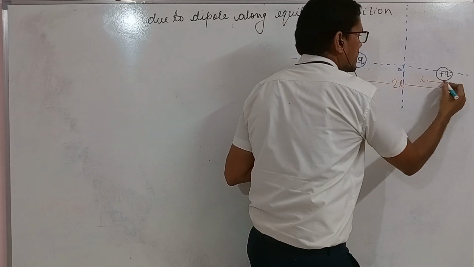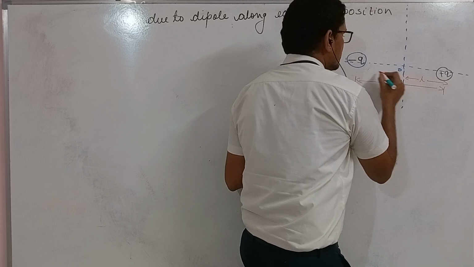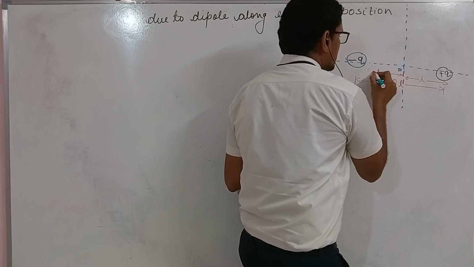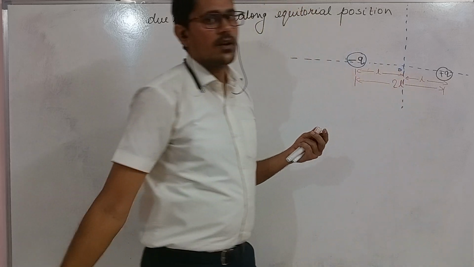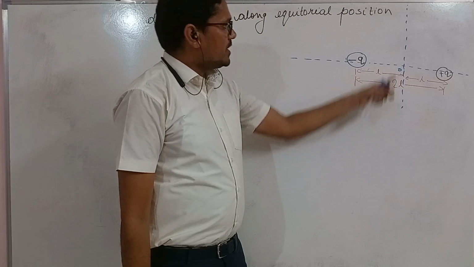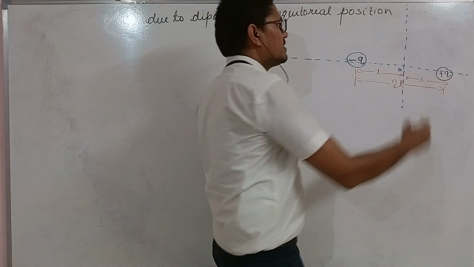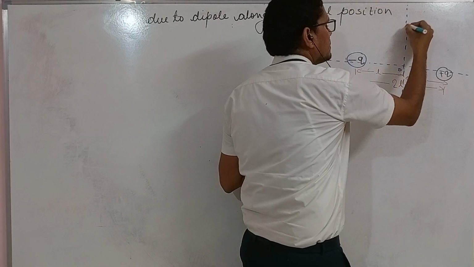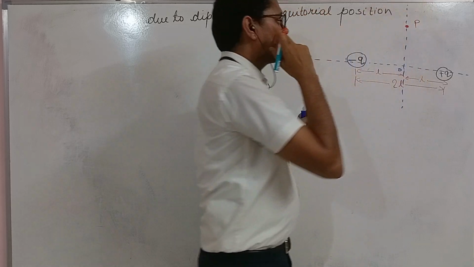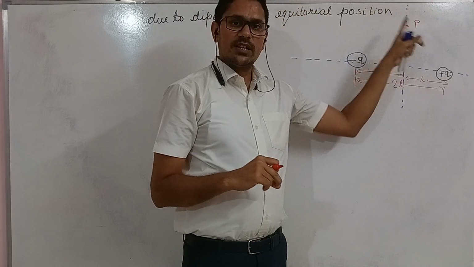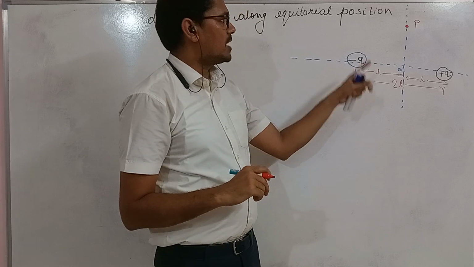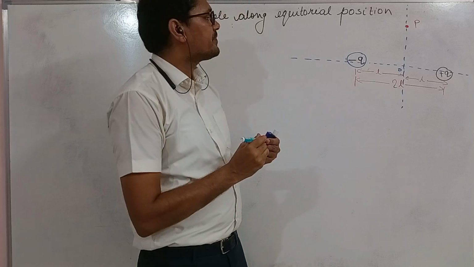So this distance would be L, and the distance between the origin and the negative charged particle would also be L. Now I need to find out the electric field along this axis. Let us take some random point. Here we are taking random point P. At this point P, I need to find out the net electric field produced by this dipole system.